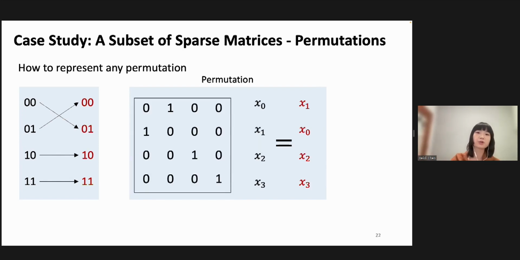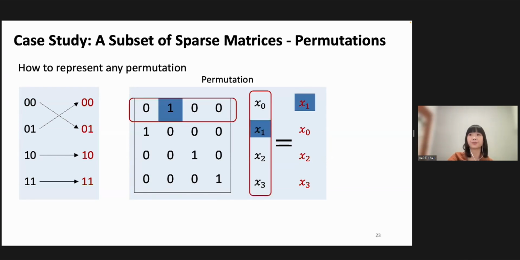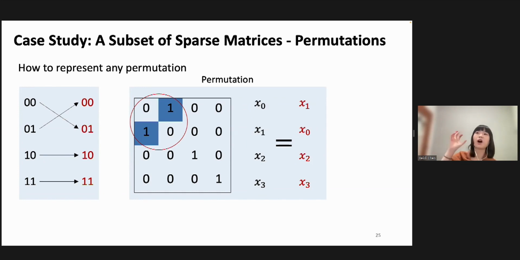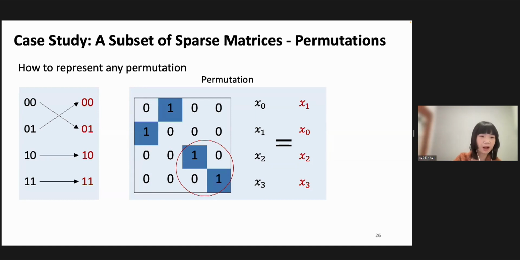Well, the permutation matrix will look like this. If you multiply this matrix with x0 to x3, which represents 00 to 11, we indeed perform this permutation. And what can we observe here? We can observe that this top left block controls the position of x0 and x1, and this bottom right block controls the position of x2 and x3.